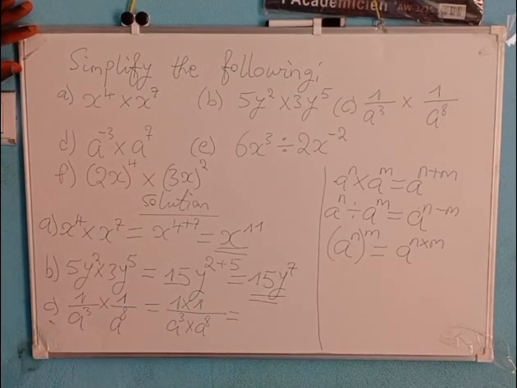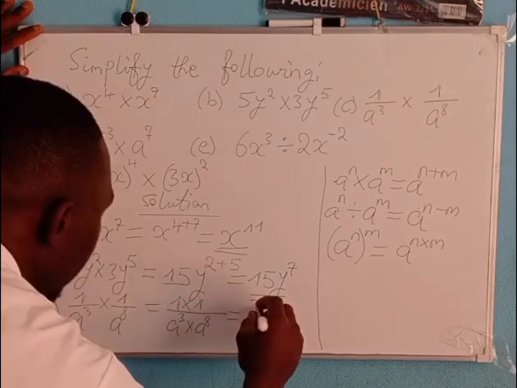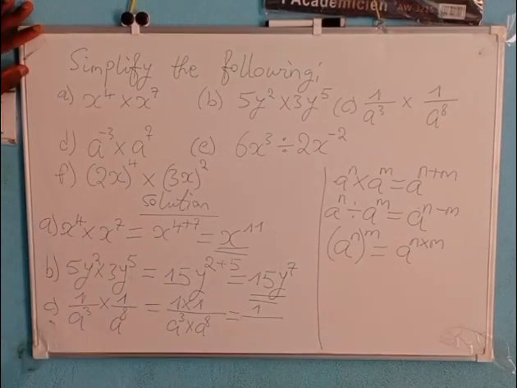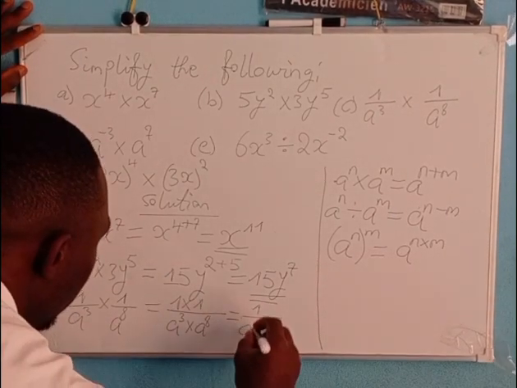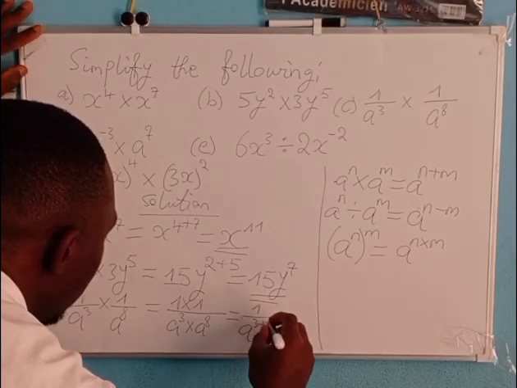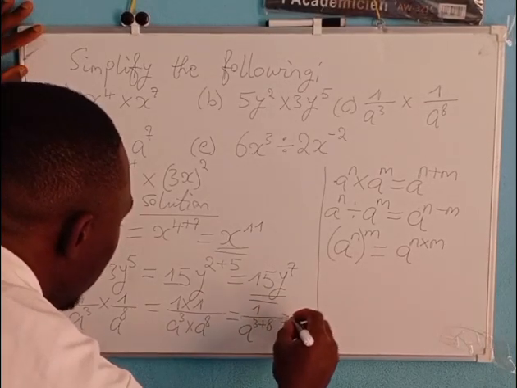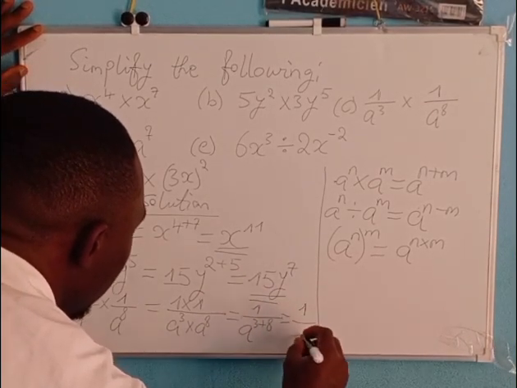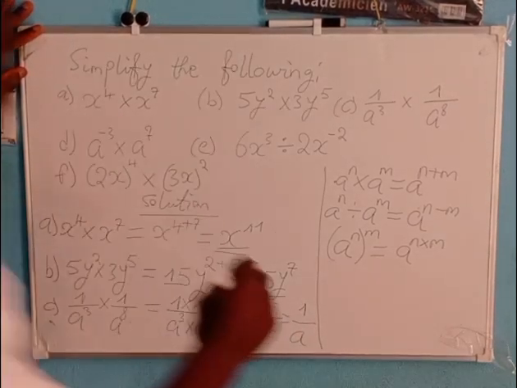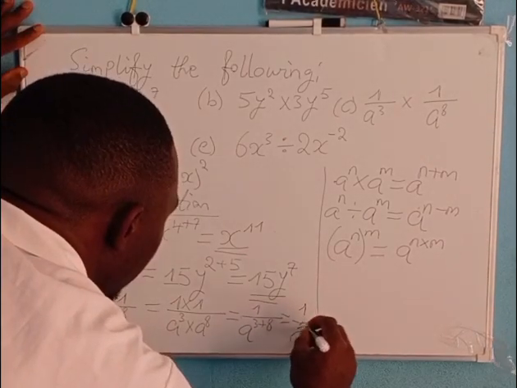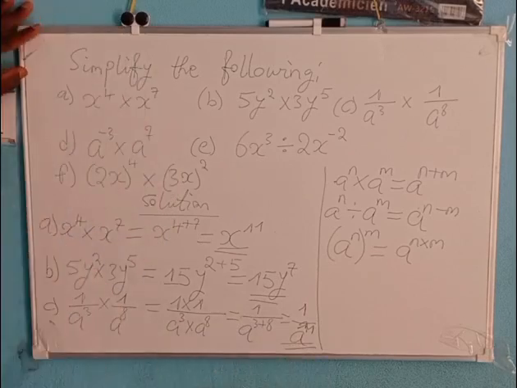This will simply be equal to 1 times 1 remains 1 all over a raised to the power 3 plus 8. And this will simply be equal to 1 all over a raised to the power 3 plus 8 gives us 11. This is the answer.